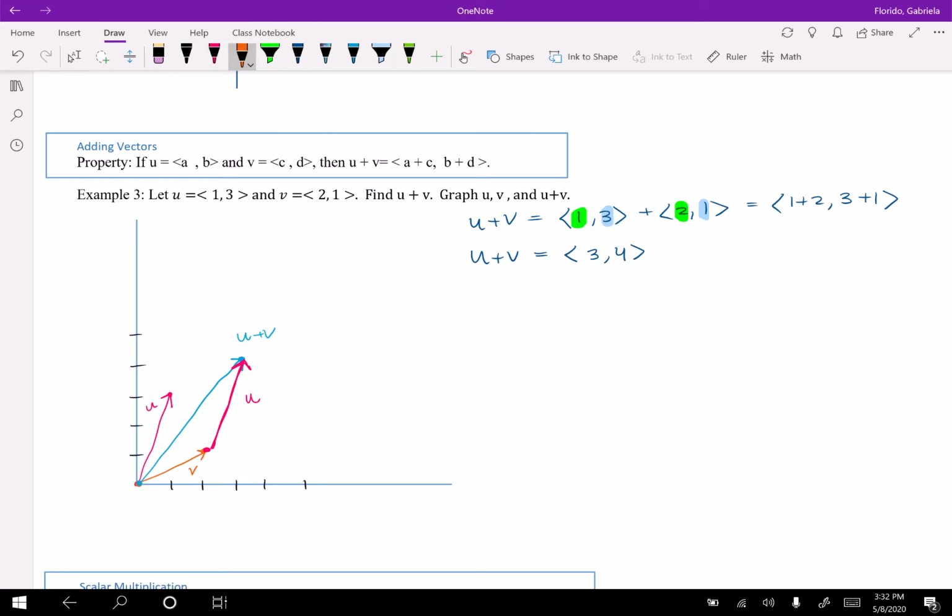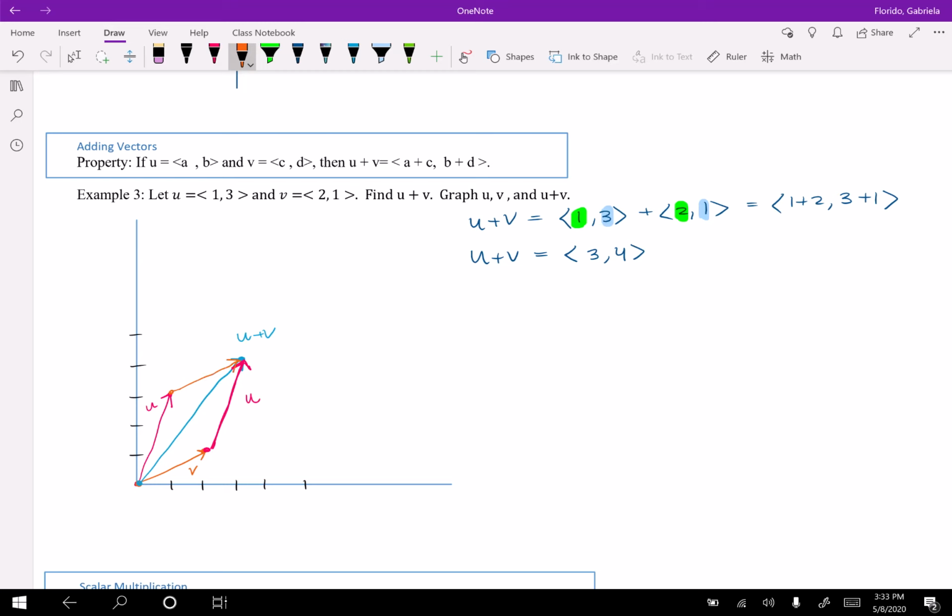To show u plus v graphically, I could move vector v, keeping the same magnitude and same direction, so I don't elongate it or change where it's pointing. I just move it so that the initial point is at the end of vector u, and it would create this parallelogram.